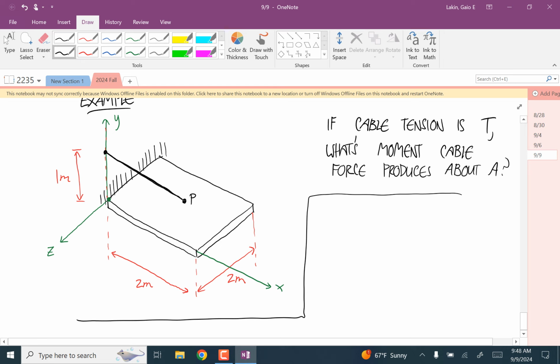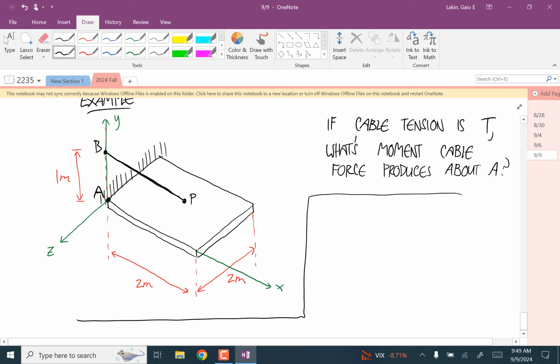And so the cable tension is this unknown T, but we can come up with the direction of this cable force because we know it's parallel to that cable, away from the chosen body. So that force vector is pointing from P towards, let's give this a name, this is the point A here, and call that B.